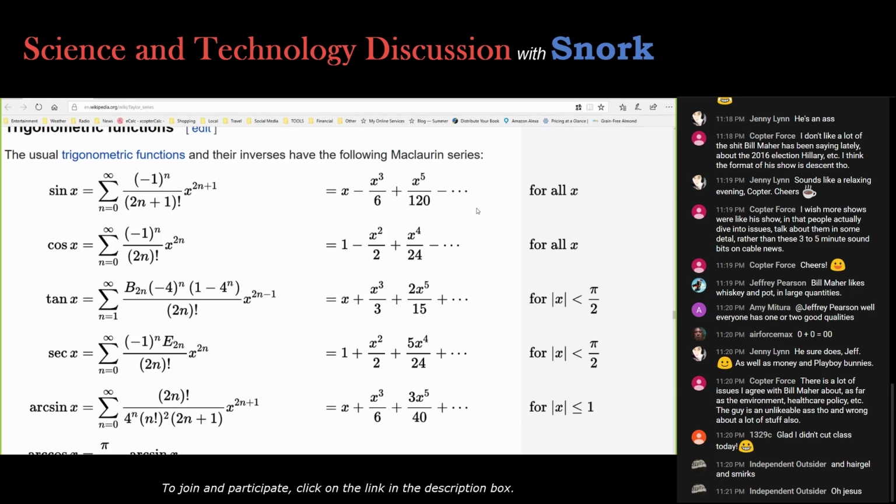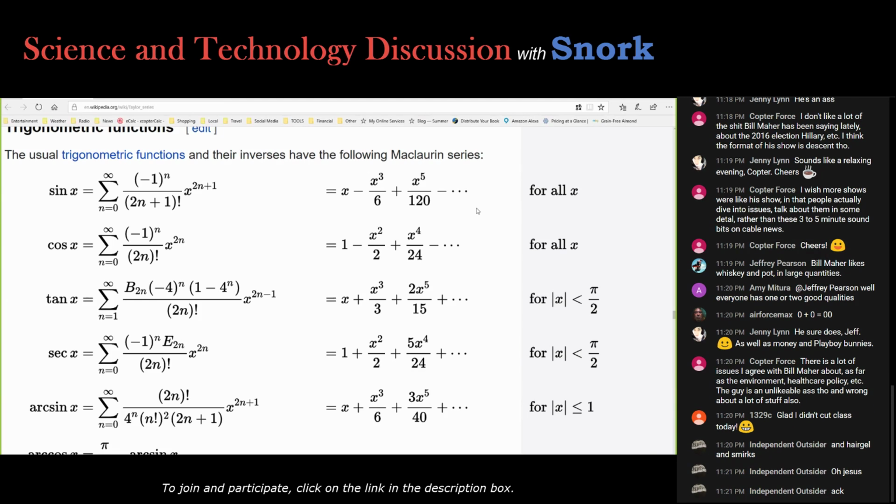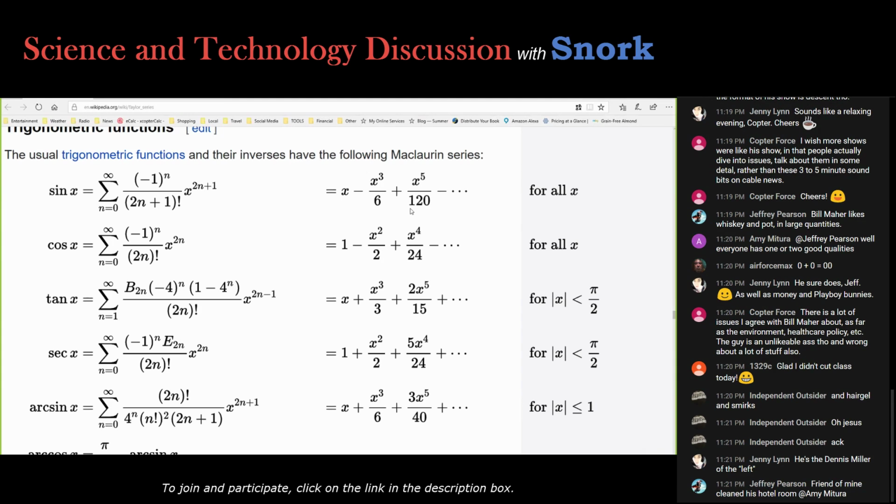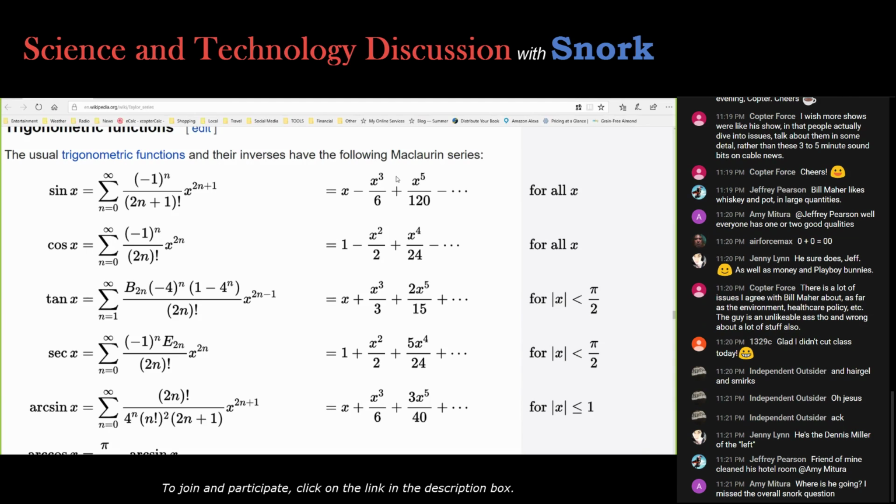And they're kind of interesting because they're derived. The guy, Maclaurin, was really interested in ones and zeros. And he figured this by the corners of the circle, the 0 degrees, 90 degrees, 180, 270.